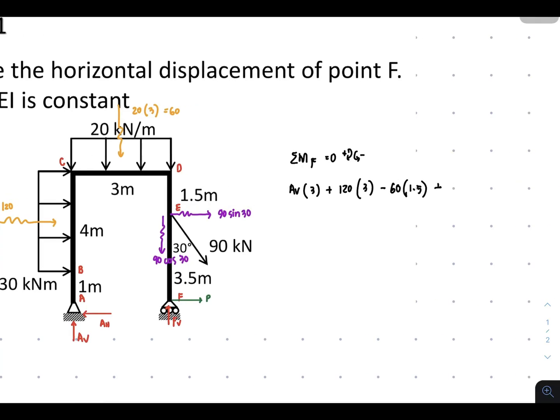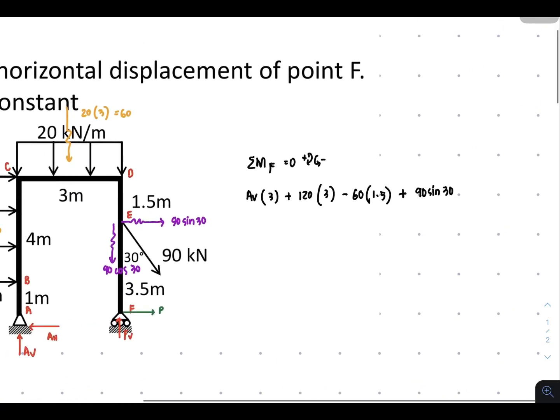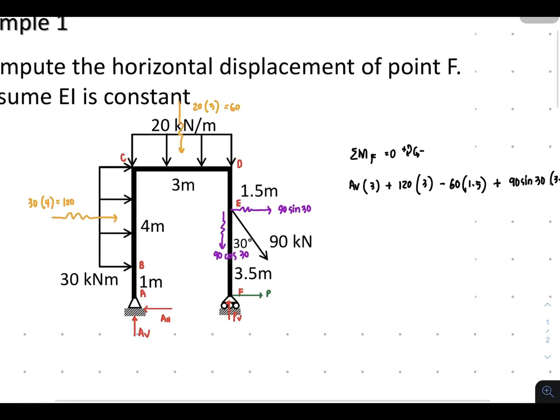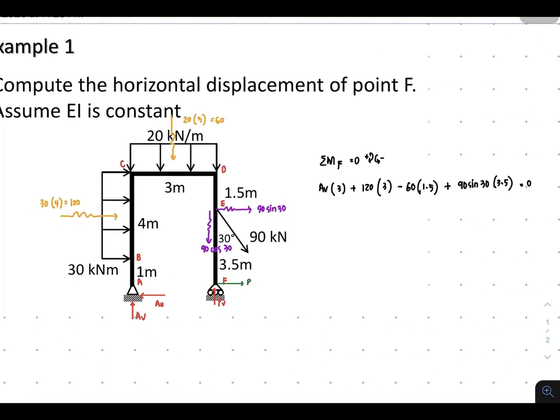Then we have plus 90 sine of 30 times 3.5, and that's equal to 0. So there are 4 forces, 1, 2, 3, 4 terms.